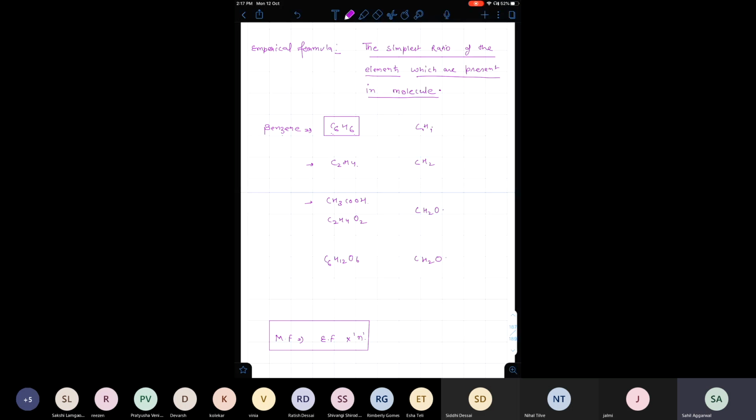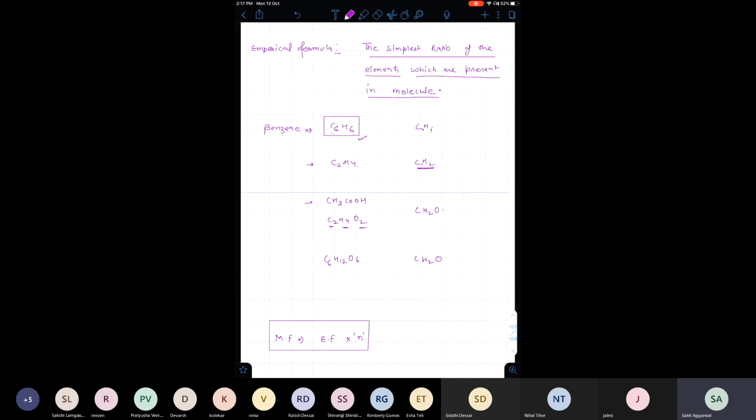Here C2H4, hydrogens are double that of carbon, so we can say CH2. When carbon is 1, hydrogen is 2. C2H4O2: carbon and oxygen are 2, but hydrogen is double. So CH2O. Basically, we have to divide by that number which is divisible by all the atoms.